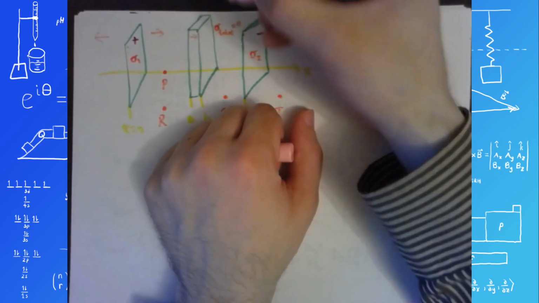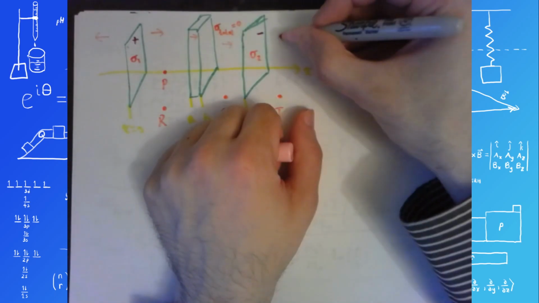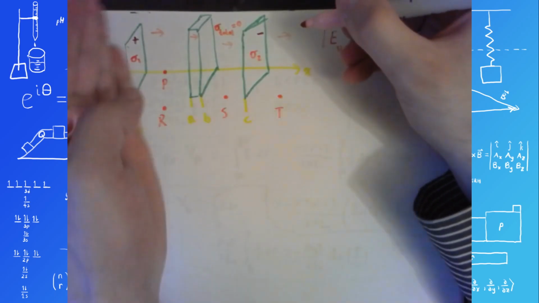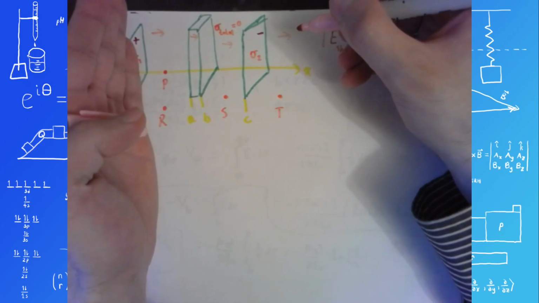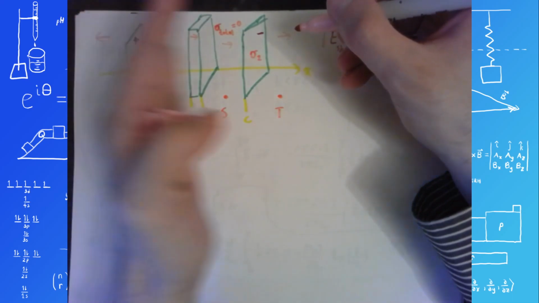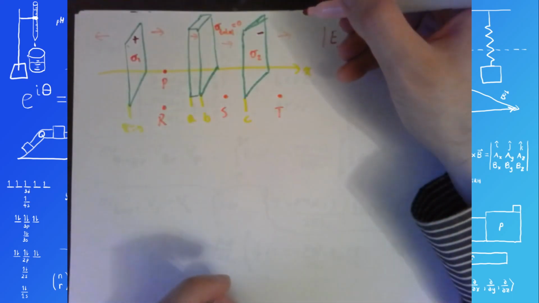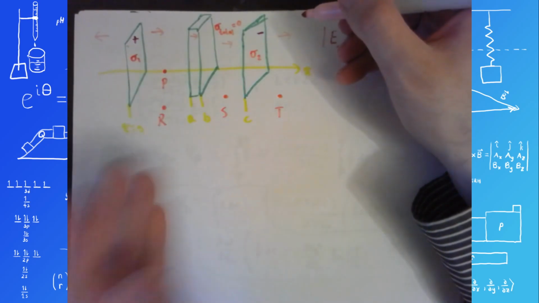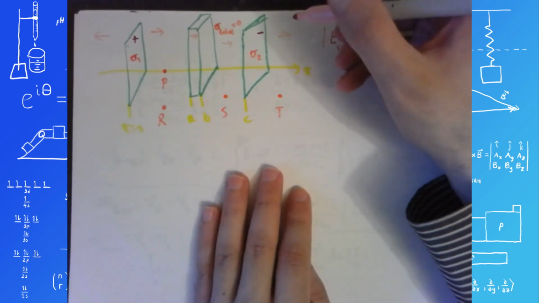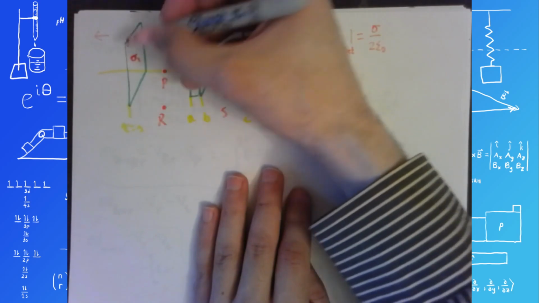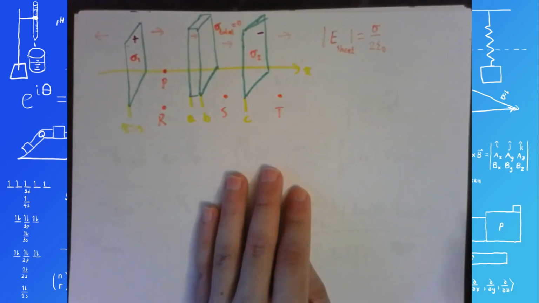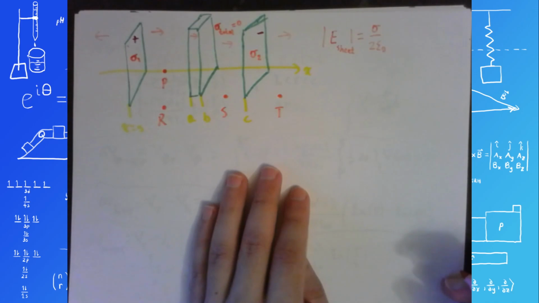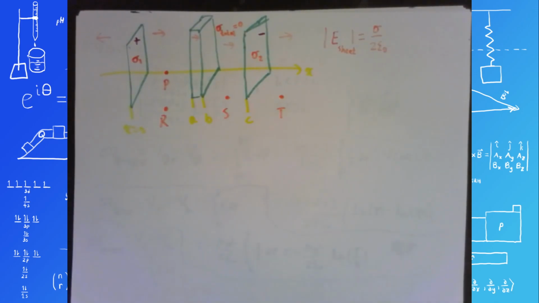To the right in this region, to the right in this region, to the right in this region. Anywhere to the right of the sheet for a positively charged sheet, electric field is just going to point to the right, and anywhere to the left of it, it's going to point to the left. Positively charged sheets will have electric fields that point outward, perpendicular, and away from your sheet. The opposite is true for negatively charged sheets.